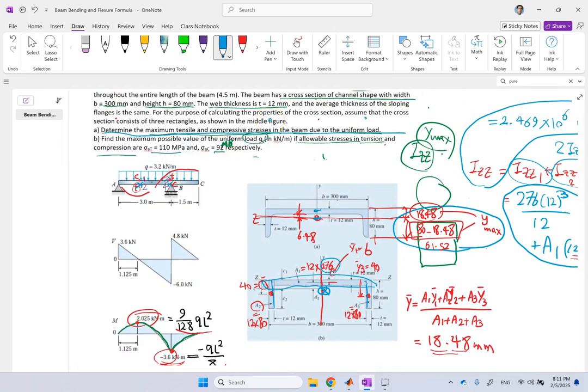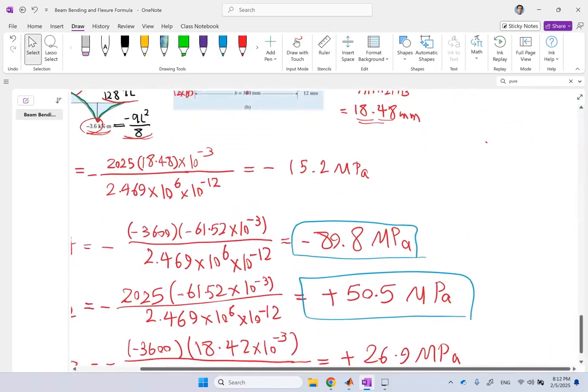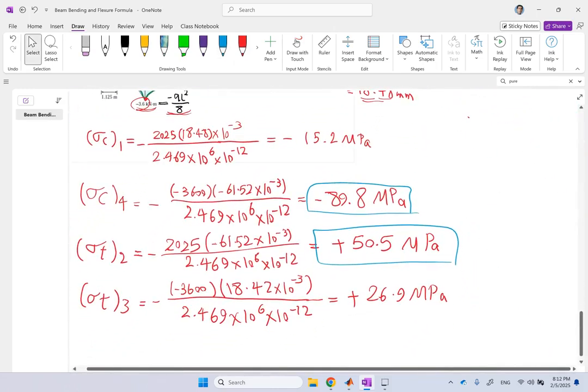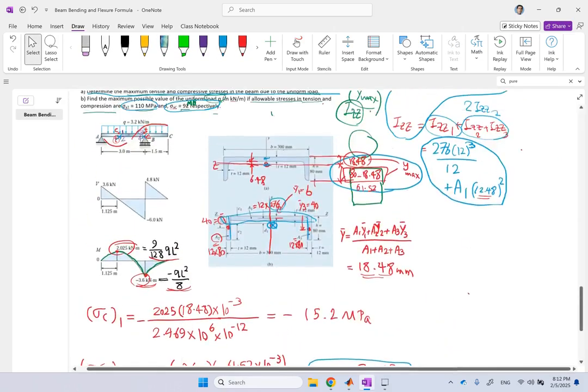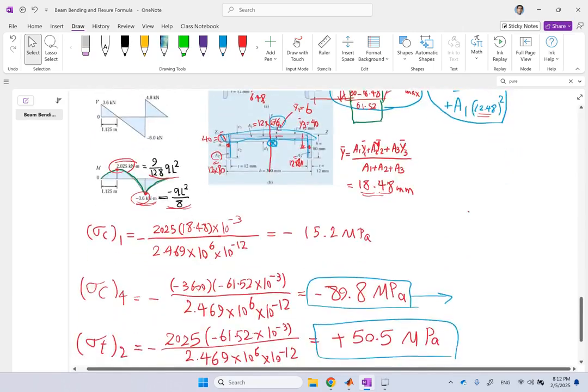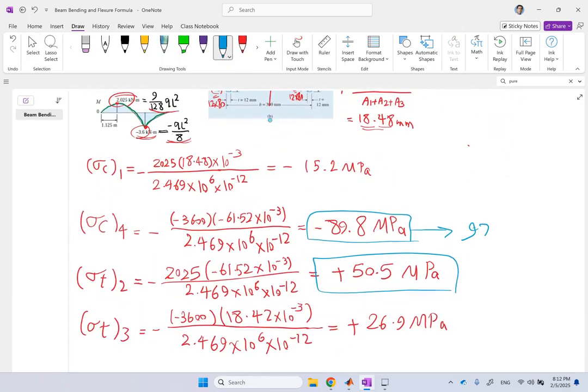Now for part B, you want to know if the maximum possible tension is 110 and the maximum possible compression is 92, how much is Q? Well, for that, I have to come back here and look at these critical points and say that this one is going to be 92 instead, and this one is going to be 110.